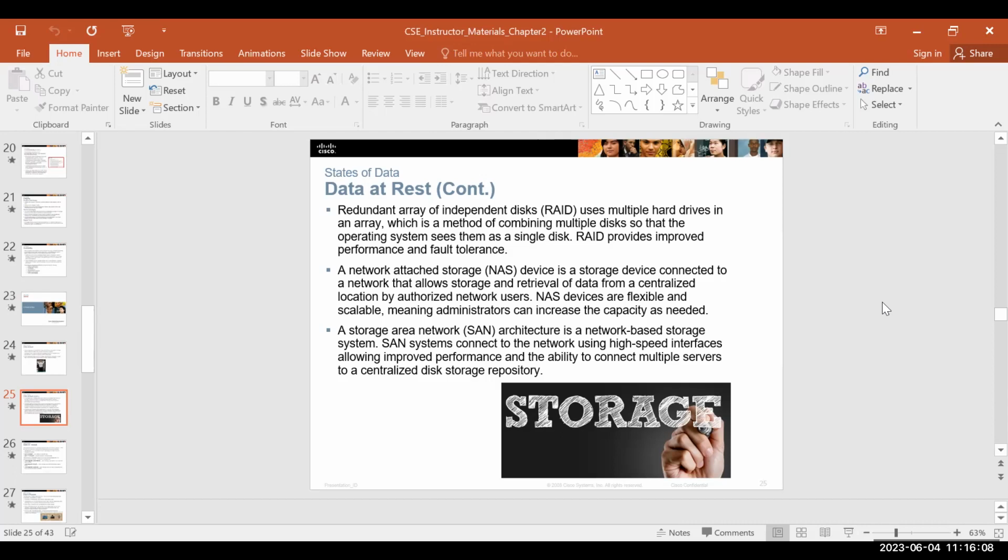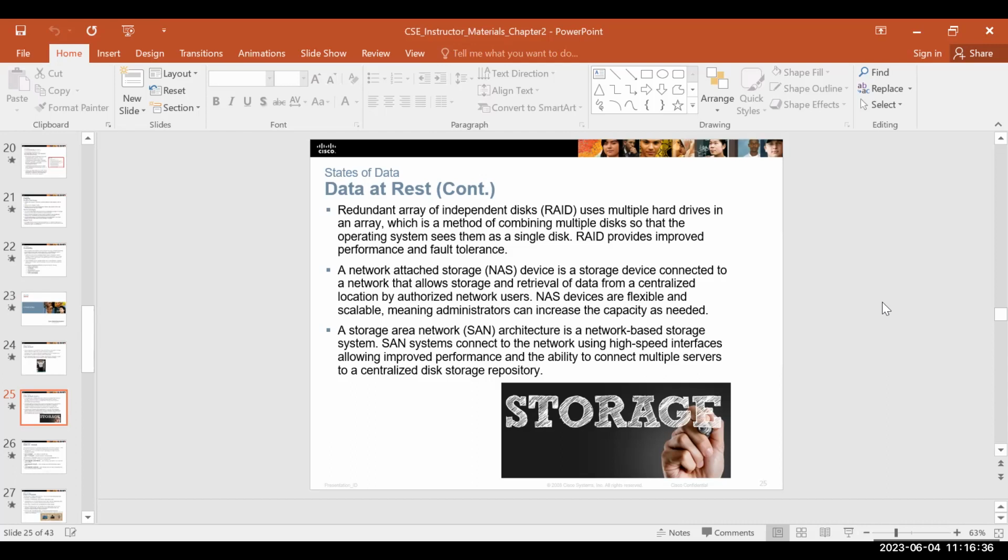RAID provides improved performance and fault tolerance. So in a case where one hard drive is faulty, the system will not notice, because all the hard drives arranged or stacked in the RAID are considered to be one. If one is faulty, the rest continue working, and that is a means of providing redundancy, or rather fault tolerance.